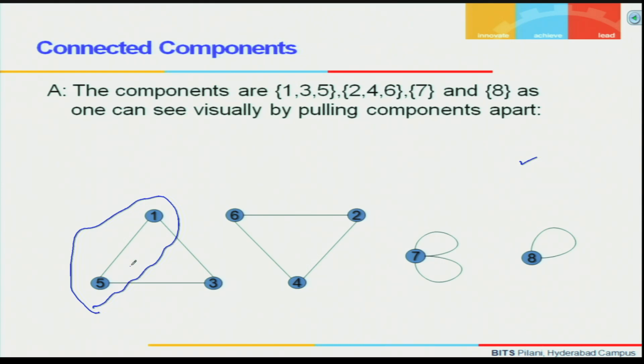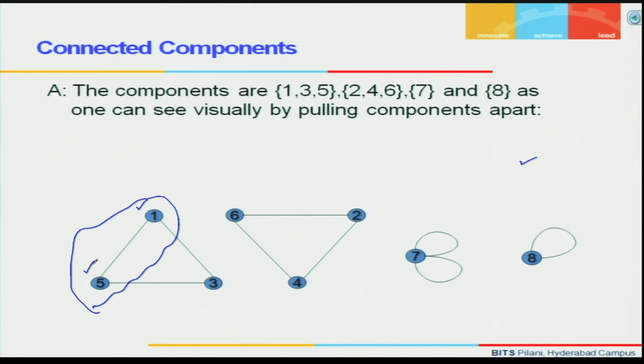Is it connected or not? It is very much connected. In this subgraph, all the pairs of the vertices are connected. Here of course there is only one pair that is connected, hence it is a connected subgraph. The point is, is it a maximal connected subgraph or not? Is it maximal with reference to the property of being connected?